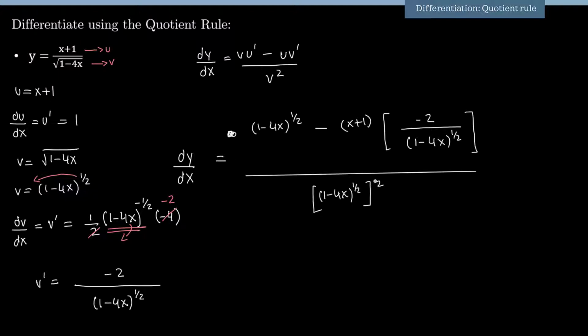This square, if I remove the bracket, would go inside and get multiplied by 1 upon 2. 1 upon 2 times 2 is just 1, so this becomes 1 minus 4x whole power of 1.